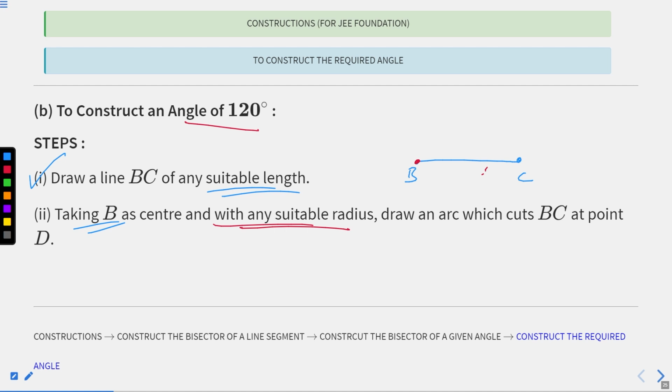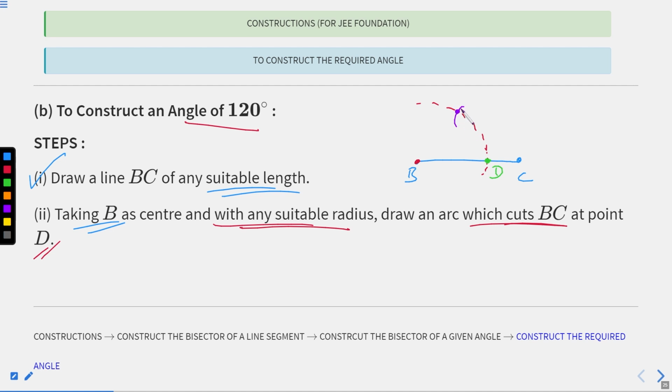We mark an arc which cuts BC at D, doing the same process as before. So here we got to D. Now taking D as center, cut this previous arc in red.